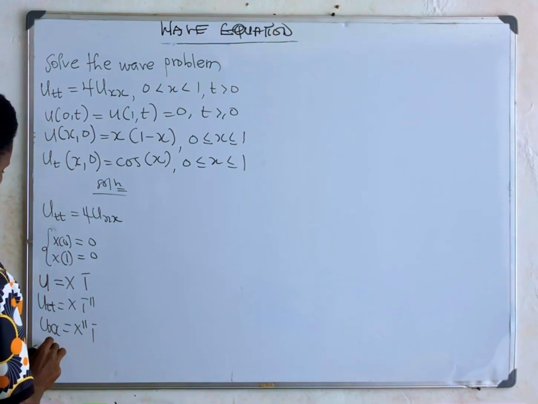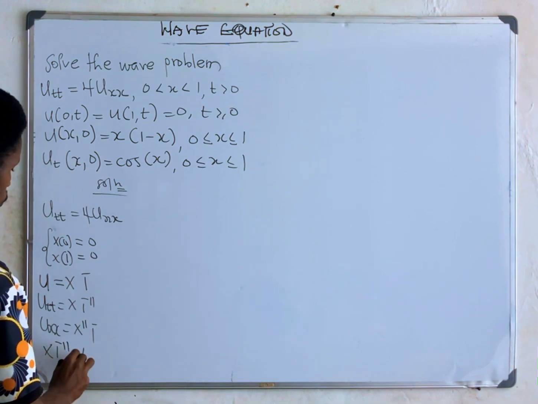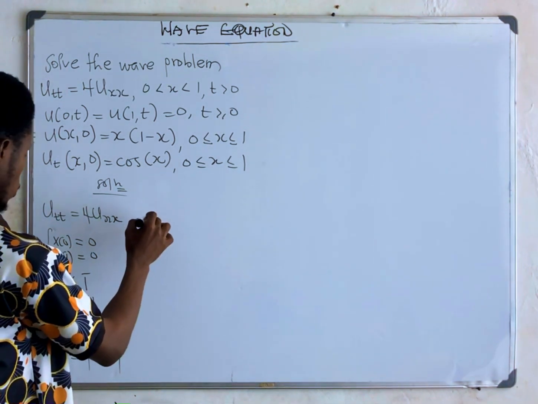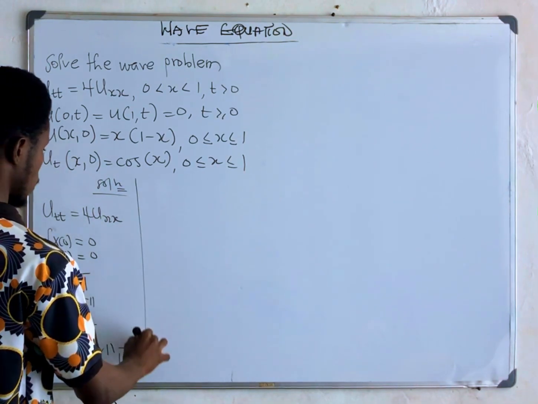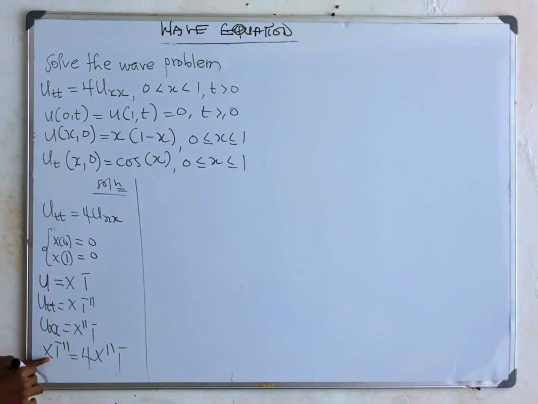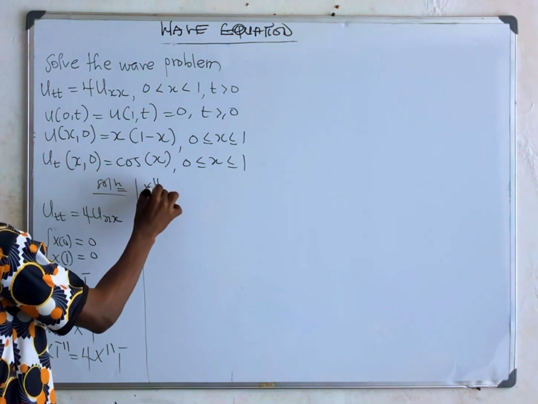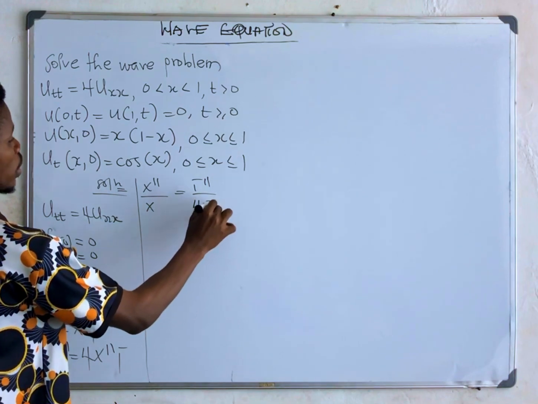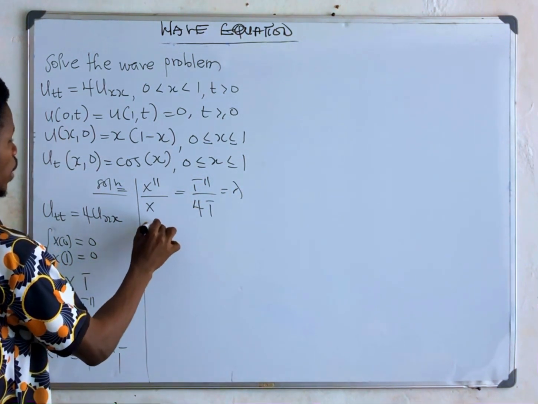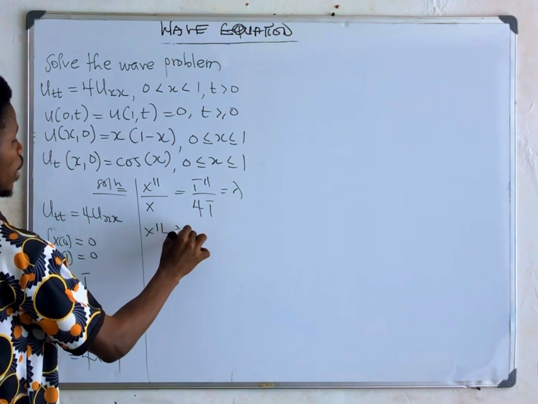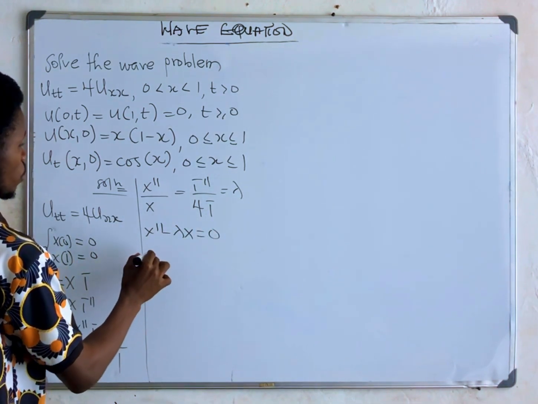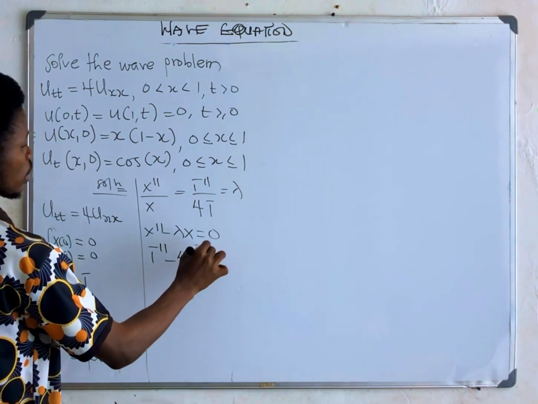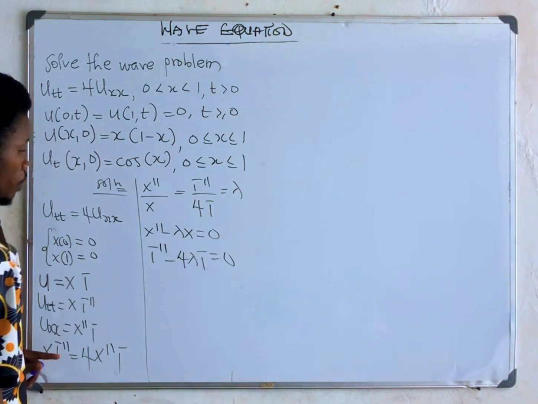I'm going to have X T double prime equals 4 X double prime T. So from here, I can say that X double prime over X is equal to T double prime over 4T, equal to lambda, which means that X double prime minus lambda X equals 0. Then T double prime minus 4 lambda T is also equal to 0.